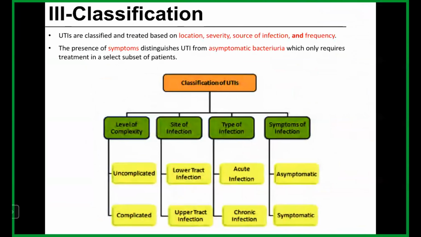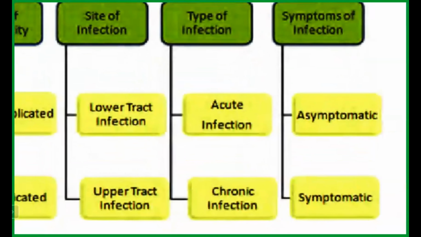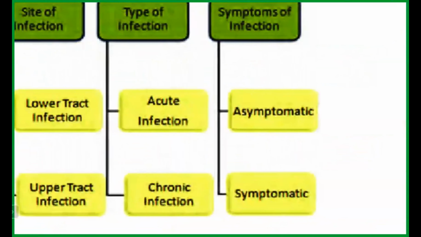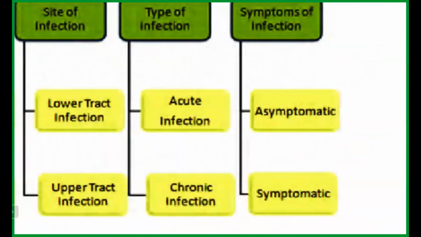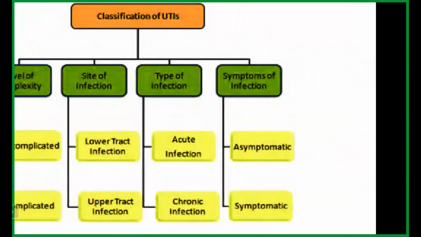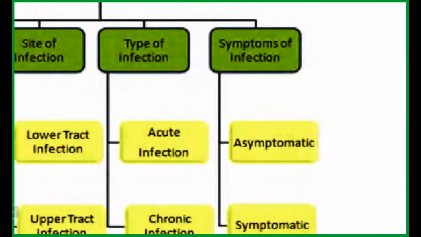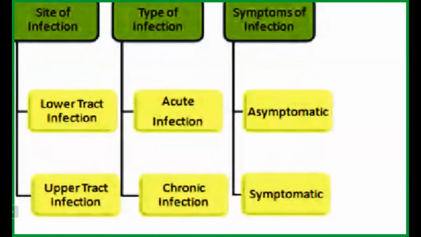The site of infection is the lower tract infection that we saw, or an upper tract infection. What is the type of infection, is it acute or chronic? In some definitions, if it's less than 4 weeks, this is acute infection; more than 4 weeks or a month, it is chronic infection.